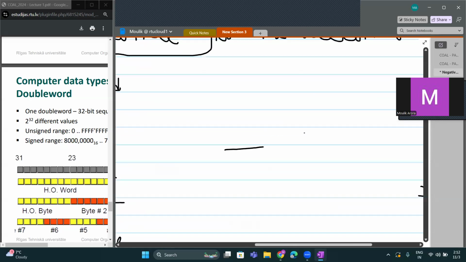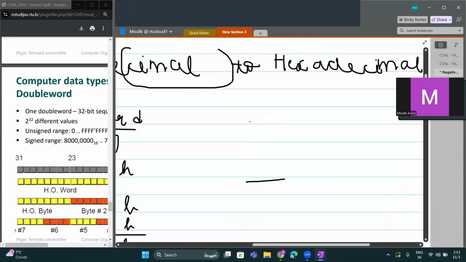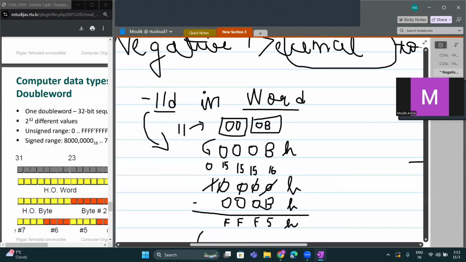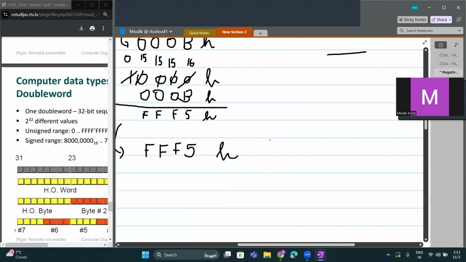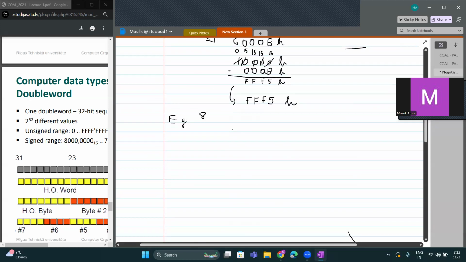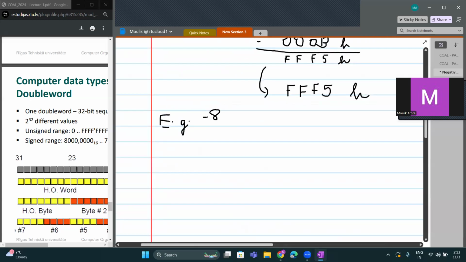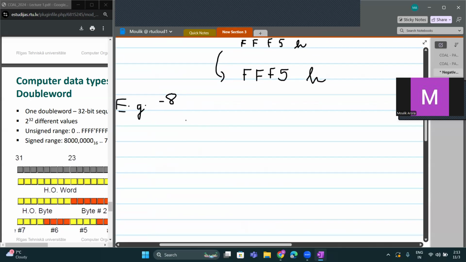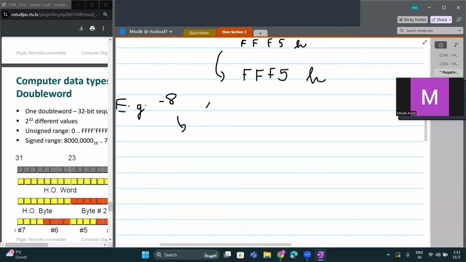What we do is we subtract it from one extra digit. For example, let's do it with -8, in byte first.